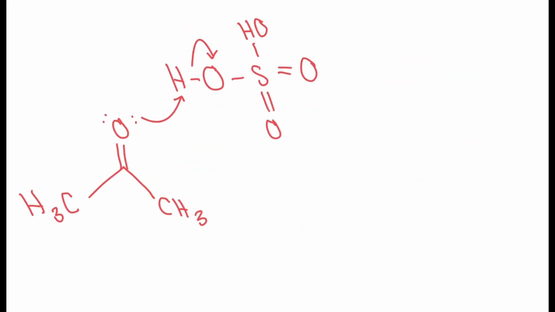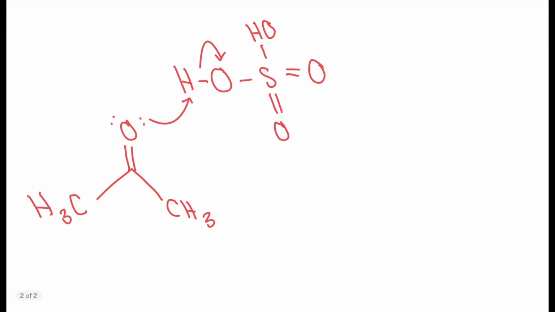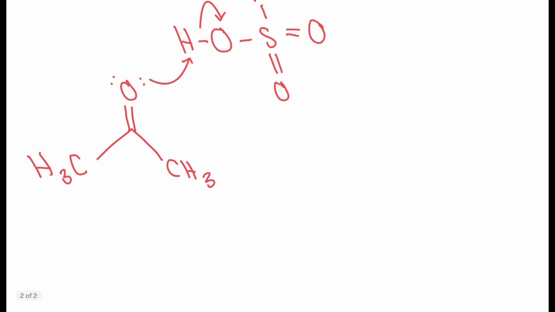In this problem, we want to draw the products that are formed after the mechanism arrows have been completed. So first, you would start with this mechanism arrow and do that. This electron pair connects to the H, so this would be OH in the end.